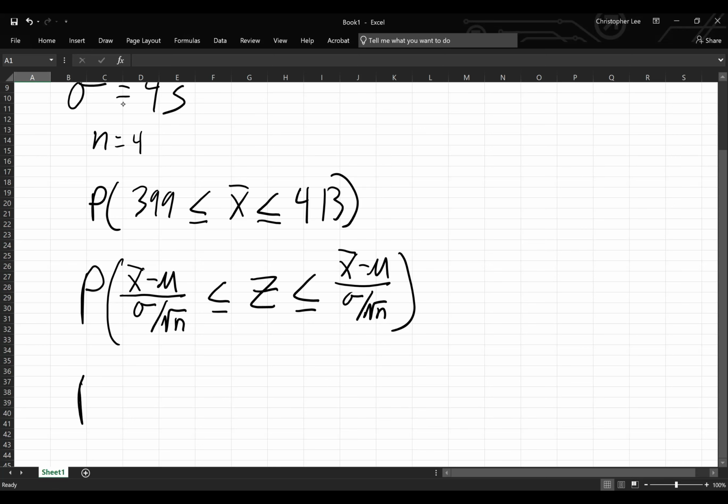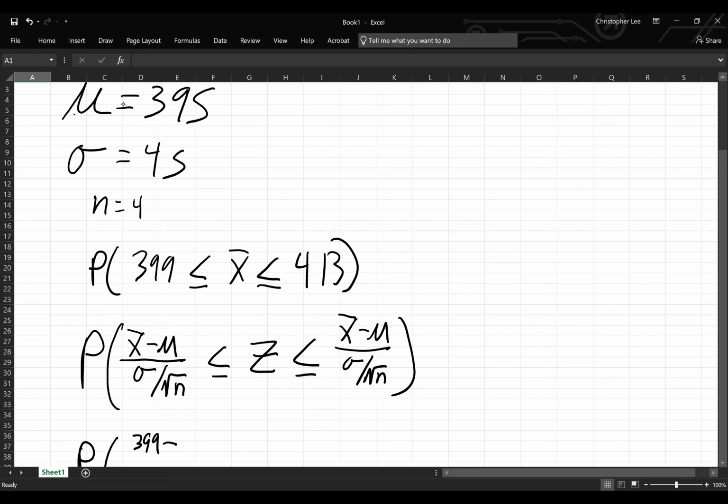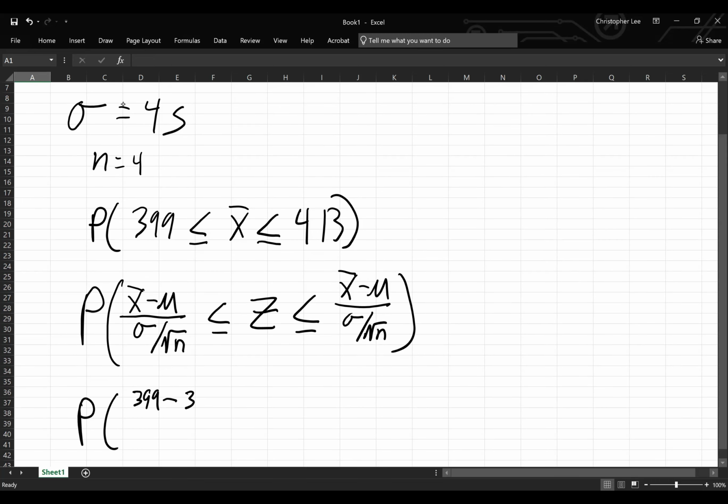So this becomes the probability of my X bar, which is 399, minus mu, which is 395, over the standard deviation, which is 45, and then all of that over the square root of n, which is 4, less than or equal to z, less than or equal to.